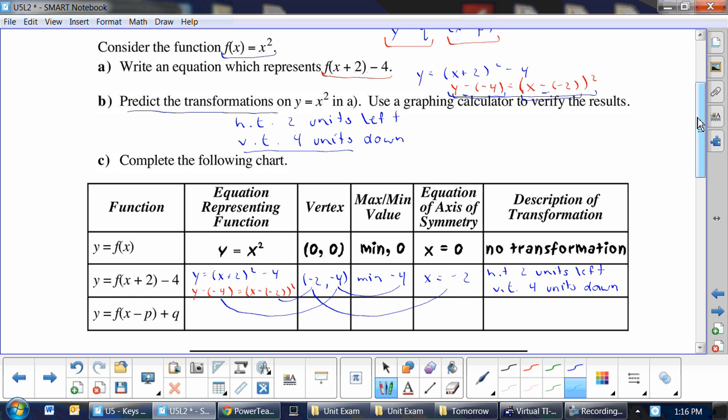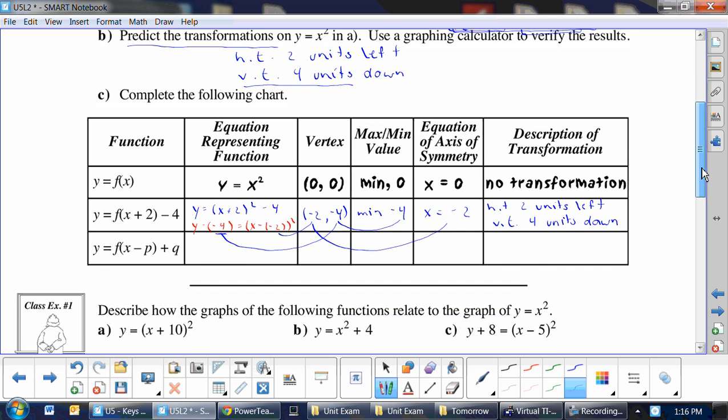You can see why it makes so much sense to write it in this form, because it's like, boom, we know the vertex. We know that our min value is negative 4. We know that our axis of symmetry is negative 2. Yep, because in your y1, you can't have anything but y on that side. So that's exactly right. Okay?